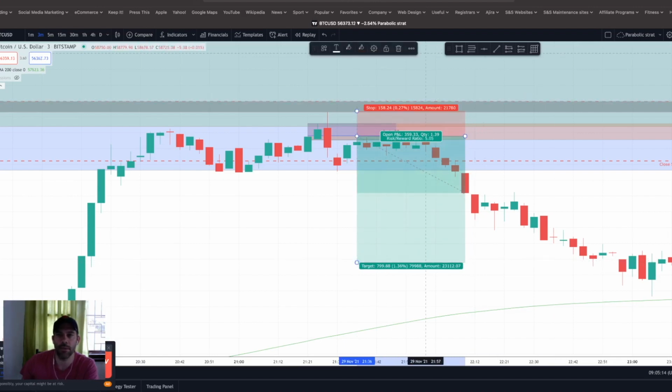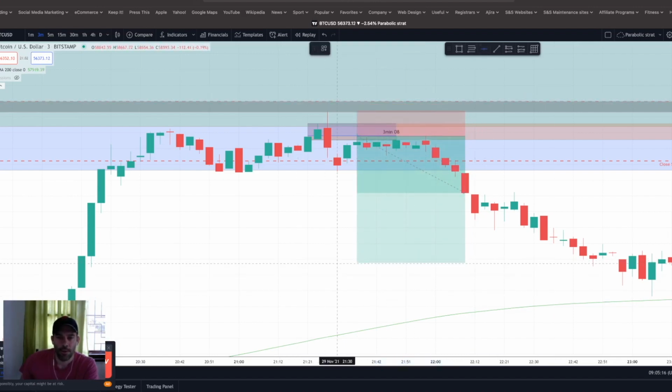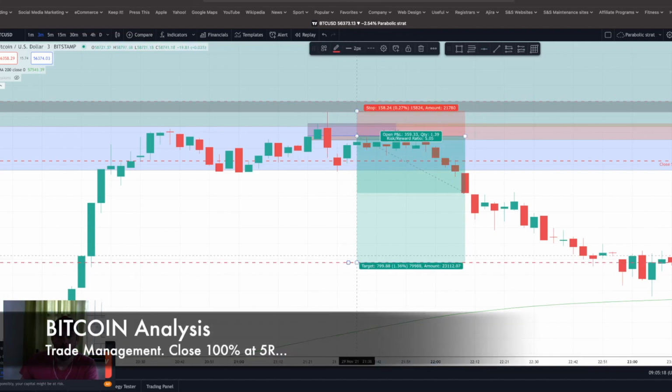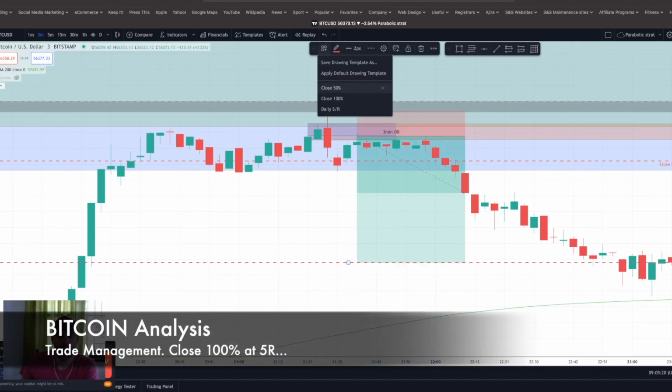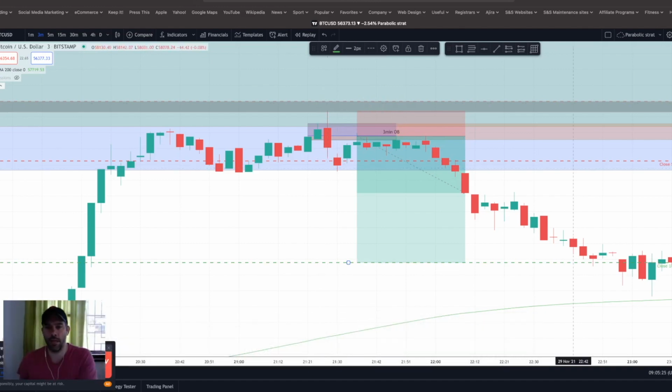Let's just call that right over there. We would have now closed out 100%. The reason I have that as green and that as red: this is red because we're still in the trade, this is green because we are done.